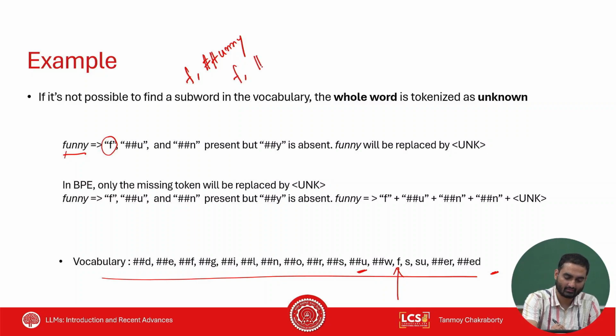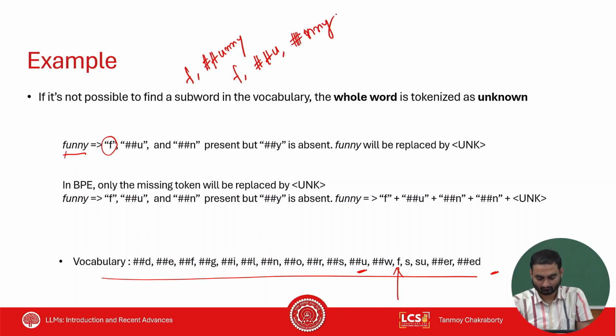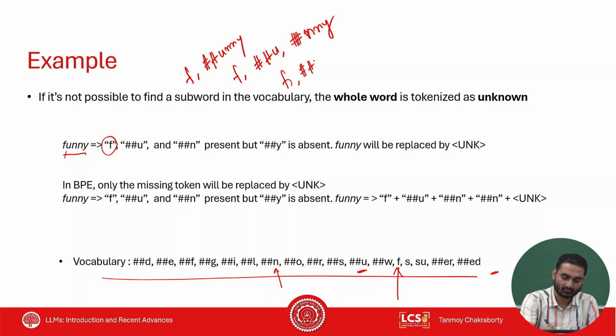So "if", then "##u", and the remaining part is "##nny". "##n" is present, so "if", "##u", "##n", "##n", and the remaining is "##y".